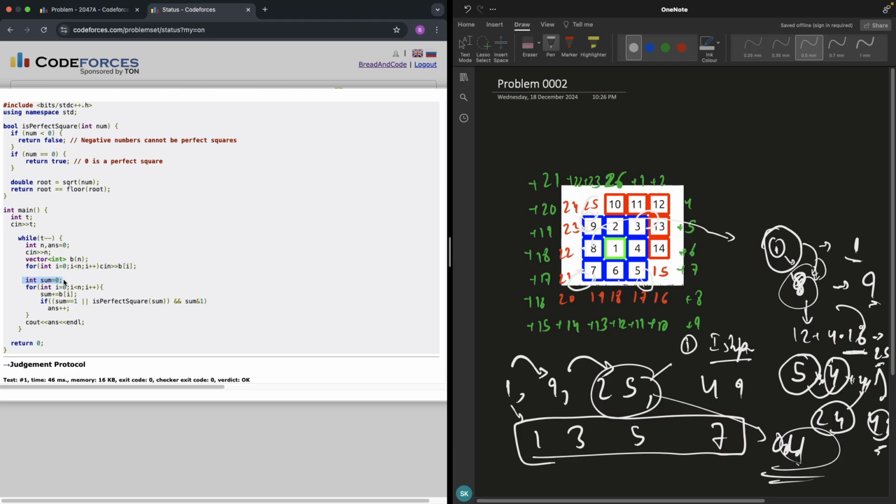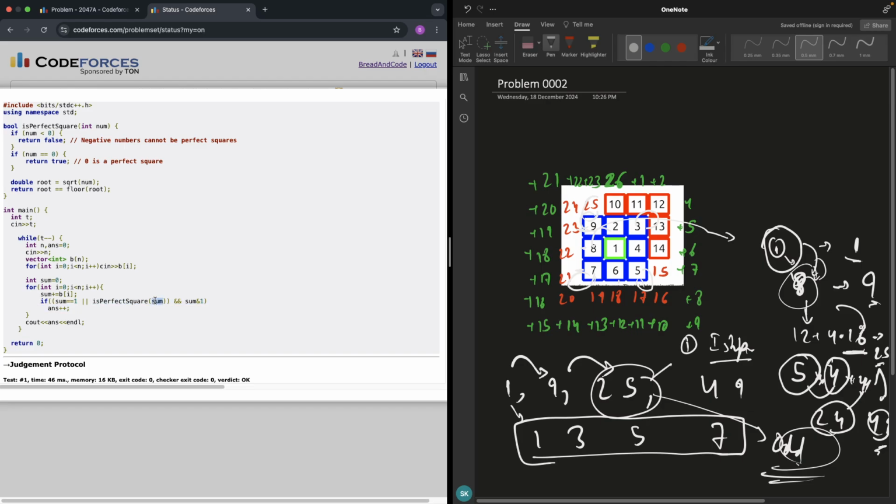Here is my sum variable, starting from 0 to n. So for the first day I'm using that sum variable, and the exceptional case is that sum is going to equal 1. It's an exceptional case.